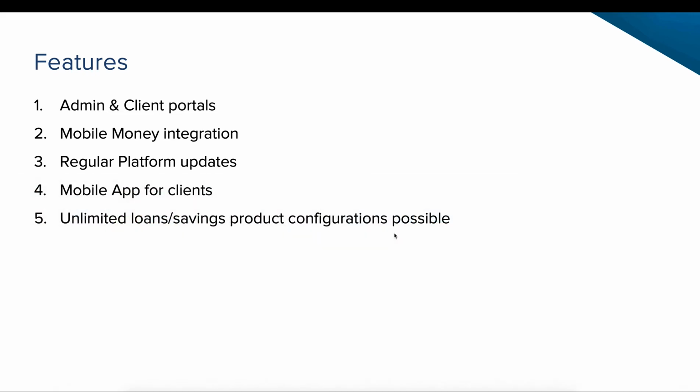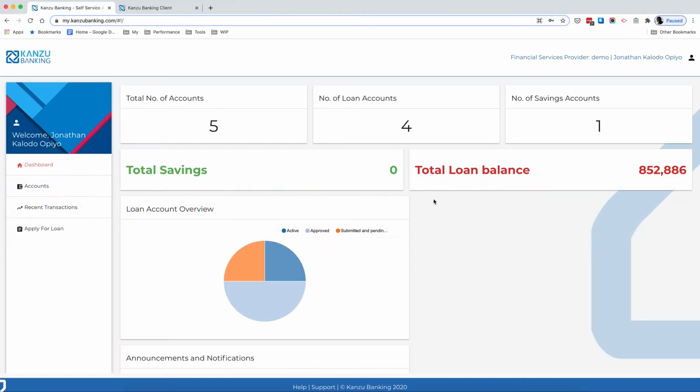As you will now see, I'm at this URL, my.kanzubanking.com. I'm walking us first through the client portal that I mentioned. This is what a client, a member of your SACCO or investment club, will interact with most of the time really.